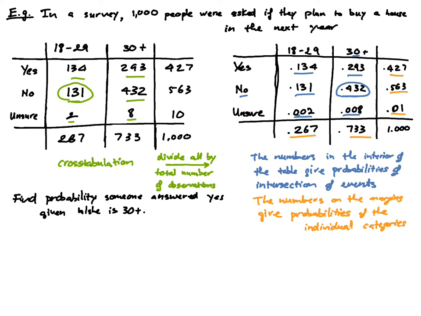So here we want to find the probability of yes given 30 plus. This is going to be equal to the probability of the intersection of yes and 30 plus divided by the probability of 30 plus.